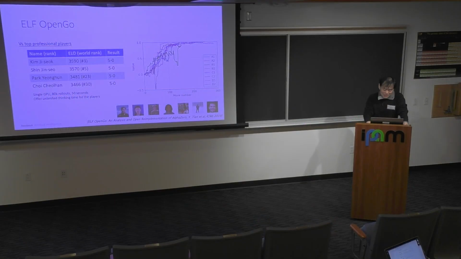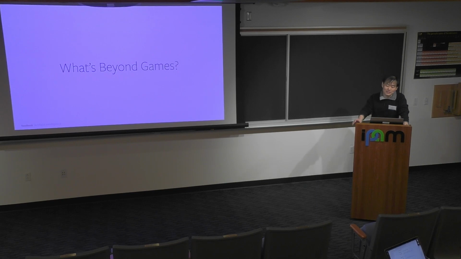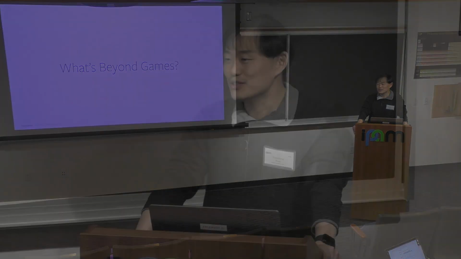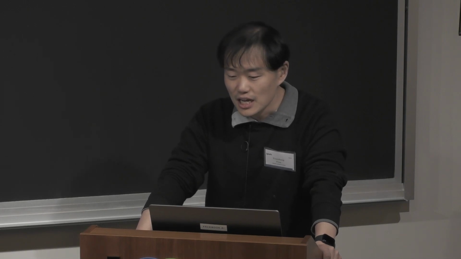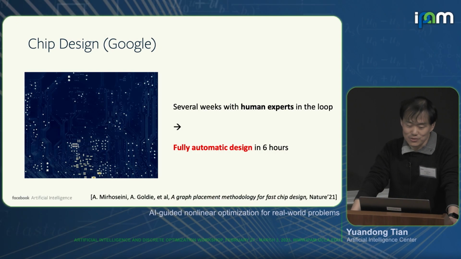But after that, people have been working on these games again. We see a lot of superhuman performance for different games, right? So now let's think about what is beyond games if we use reinforcement learning, or any kind of search technique. One motivation of this direction was the chip design work from Google.